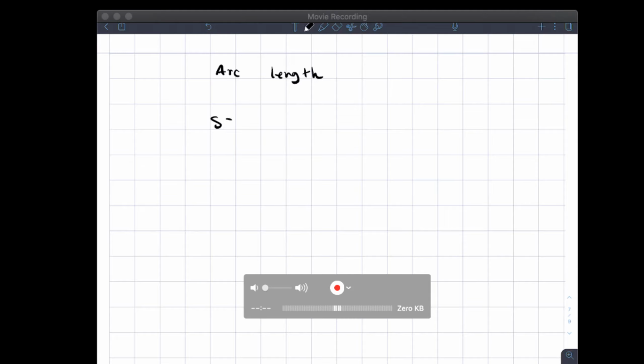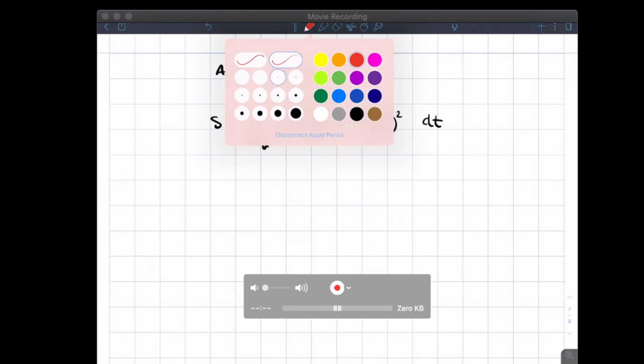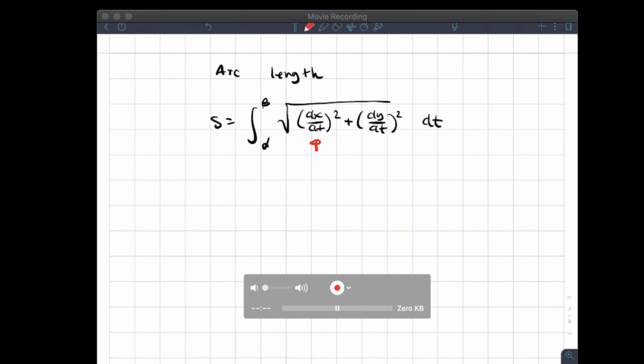And we know S is the integral from alpha to beta of the square root of (dx/dt) squared plus (dy/dt) squared, and we integrate with respect to this t. So remember the original assumptions that the derivative had to be continuous. They said f prime and g prime had to be continuous over the interval from alpha to beta.